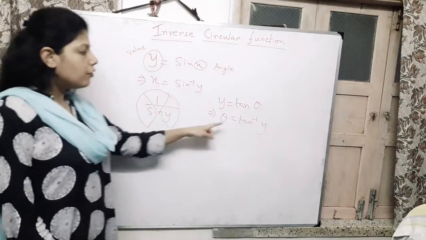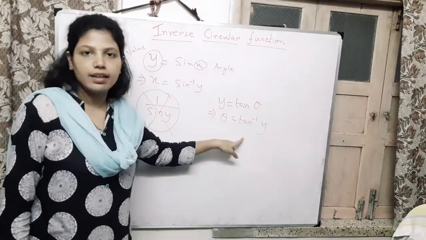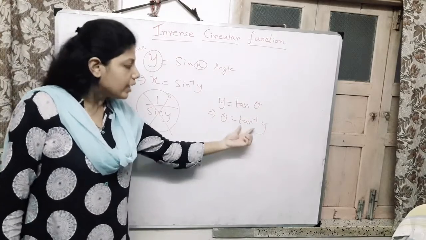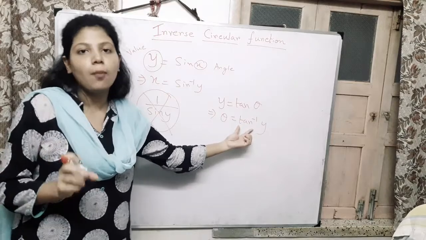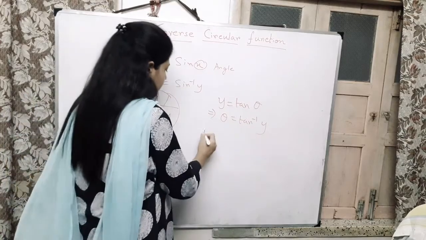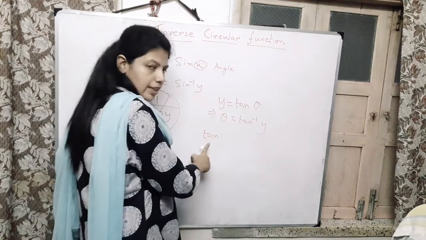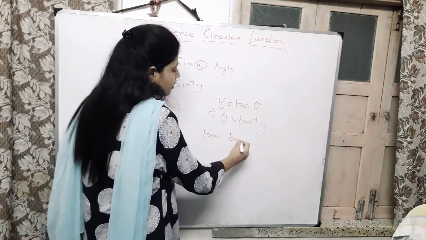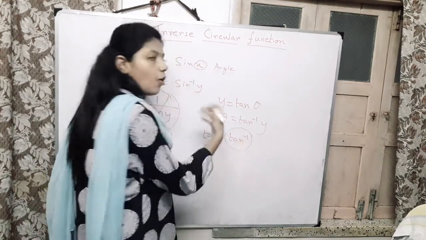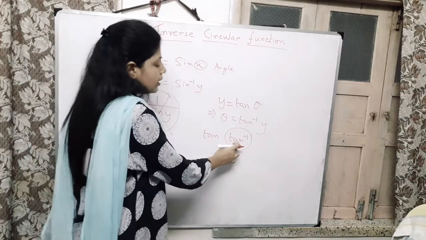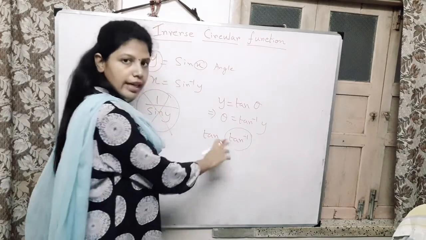But never write that as 1 by tan. Tan inverse is also itself an operator, just like tan. Tan is an operator, and tan inverse is also an operator, but this does not mean 1 by tan, never.